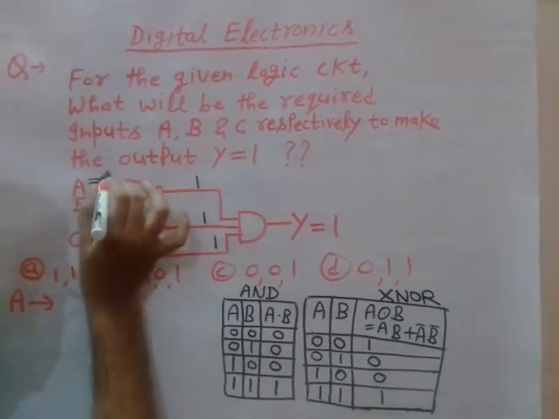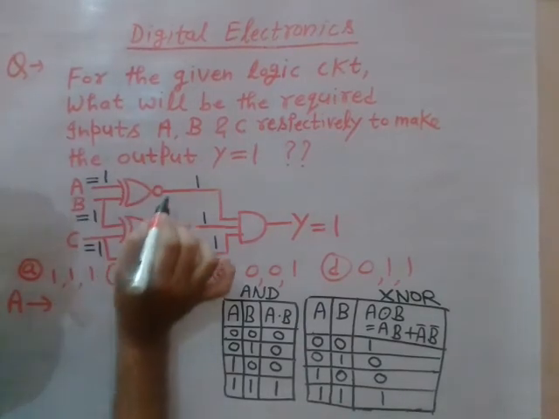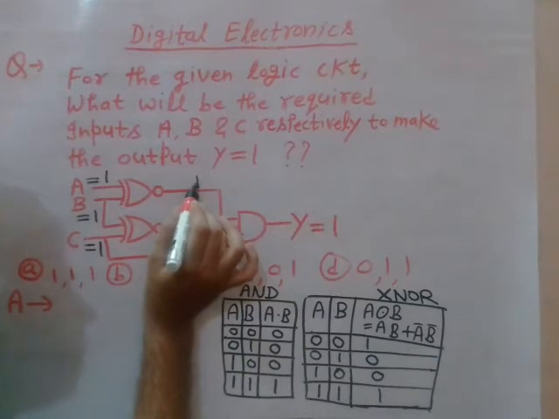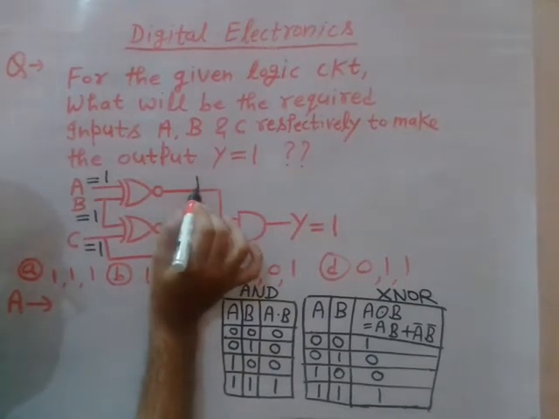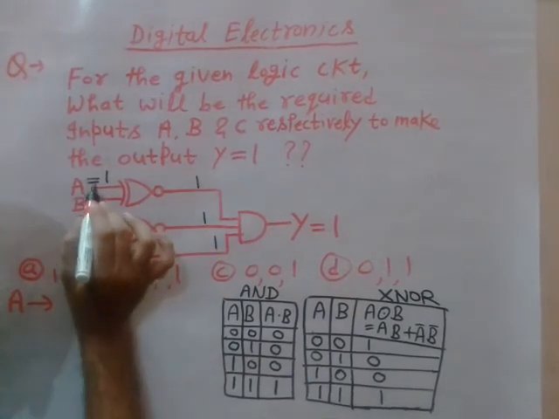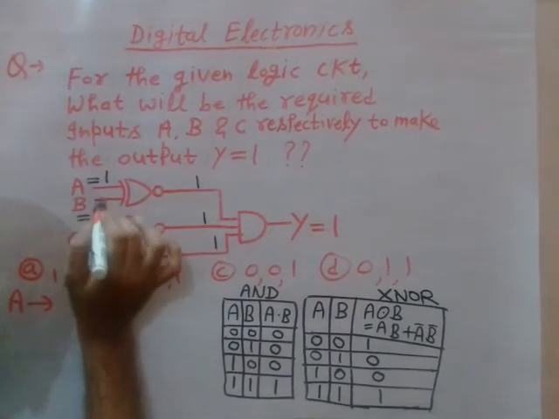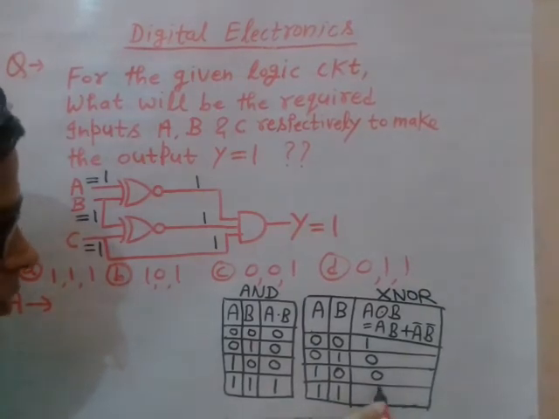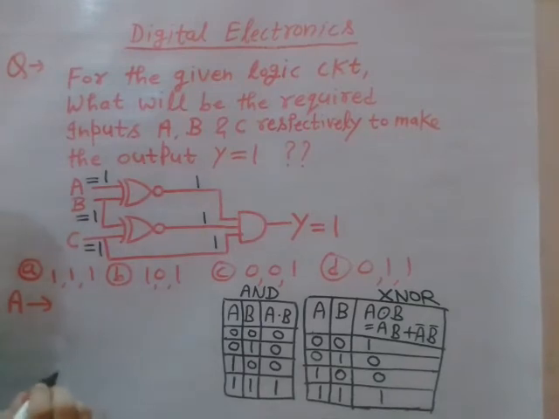A is bound to be 1 because you want the output of this XNOR gate equal to 1. Both inputs of this XNOR will be 1 only, because when both inputs of the XNOR gate are 1, then only you will get the output of the XNOR gate equal to 1, right?